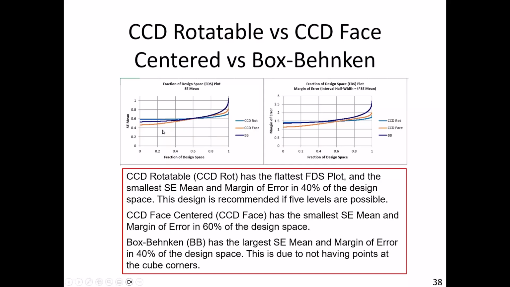Lower is better and flatter is better. But for sure, unless you actually have a practical requirement to avoid those extremities, I would not recommend using the Box-Behnken design, just based on the fact that your prediction error is so much bigger in this portion of the design space as you approach these corners where you don't actually have data.